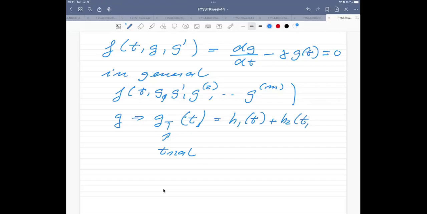And this will also depend on a neural network, which takes as input t and has some parameters theta. So this is a neural network with parameters.